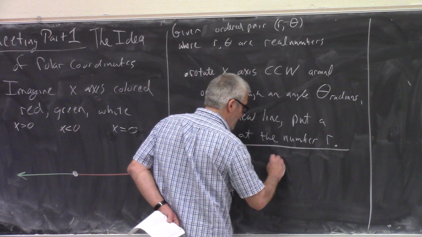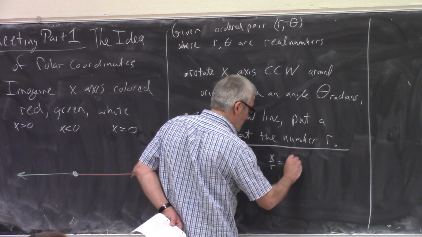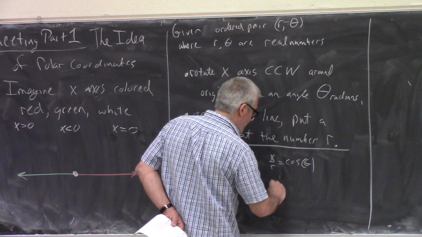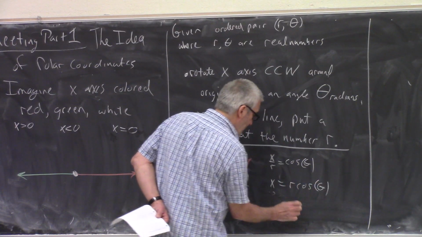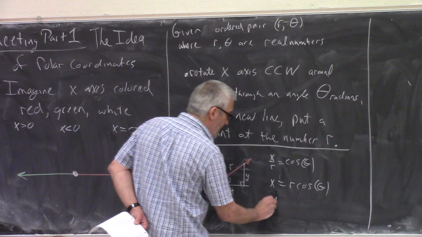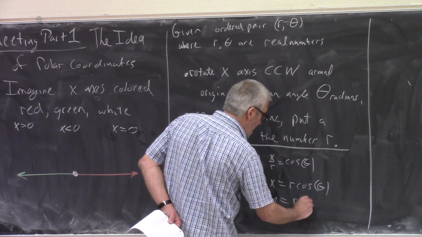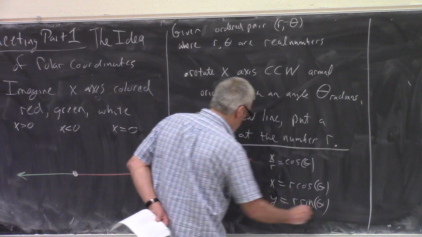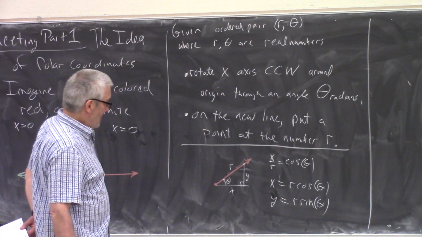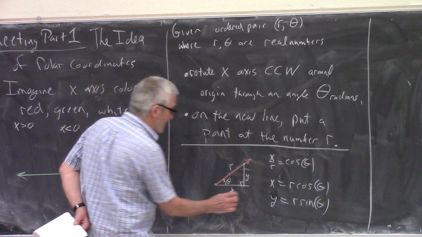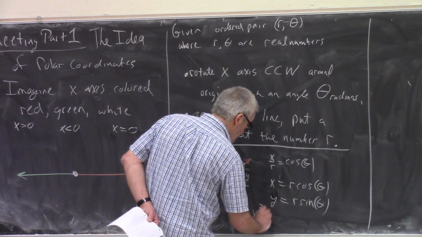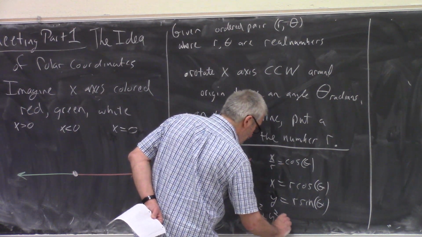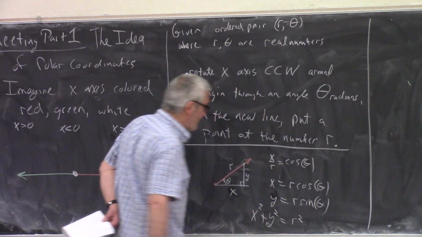So x equals r cos theta. And similarly, y equals r sine theta. And notice by the Pythagorean theorem, x squared plus y squared equals r squared. So those equations are always true.